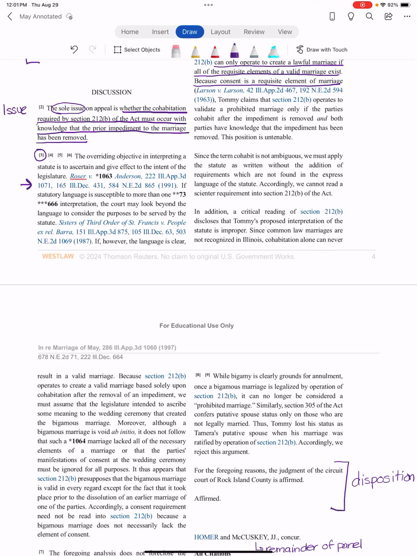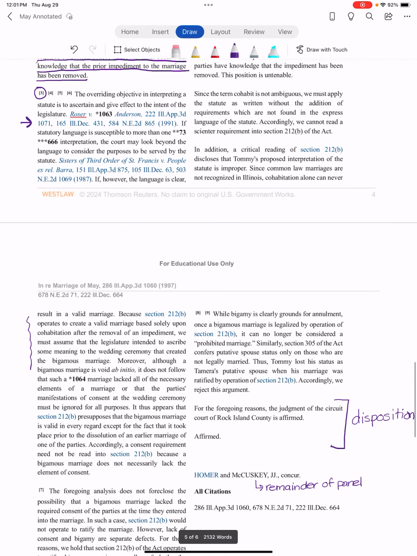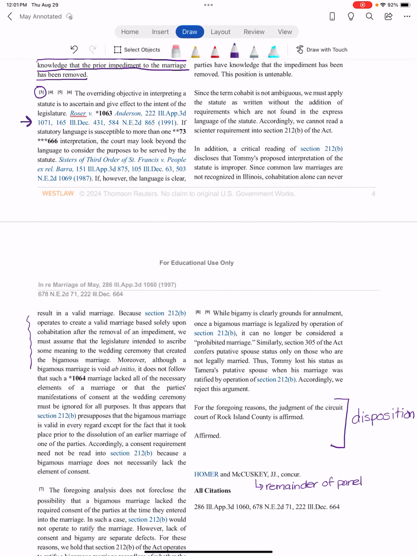This is an interesting part of the reasoning over here. What it's telling me is that first marriage, that wedding ceremony that Tommy and Tamara had, had to mean something, and that the legislature intended for it to mean something.